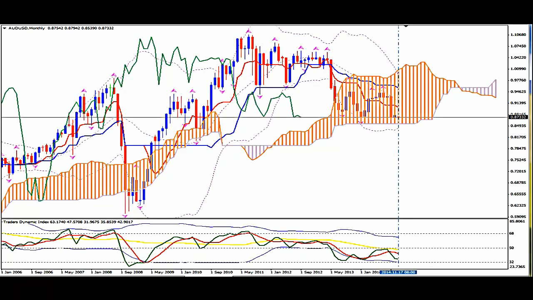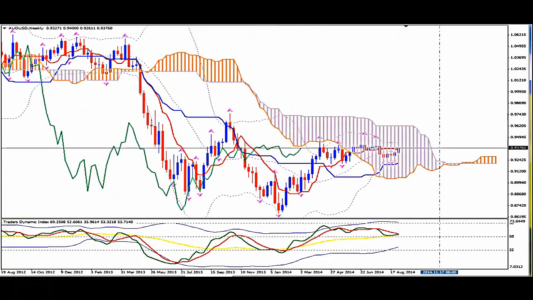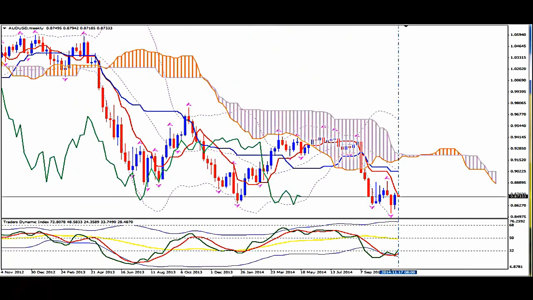So we go to the weekly, and on the weekly we see a very strong bullish reversal signal on the TDI. We have this very strong bullish crossover of the green line over the red line at the lower blue line level, and here we see the candlesticks.